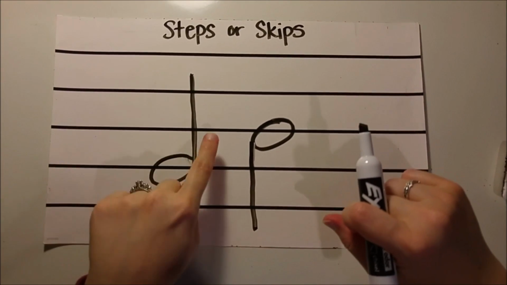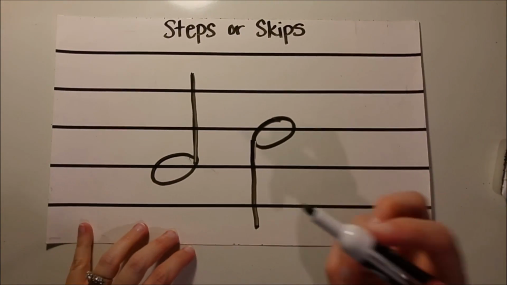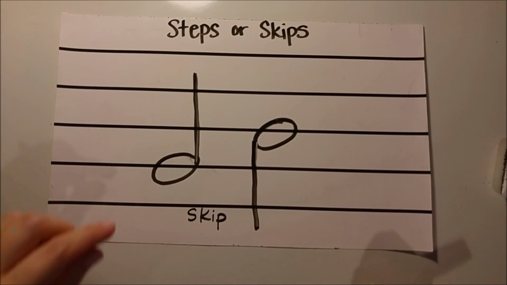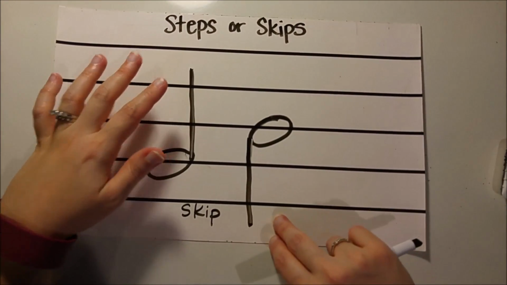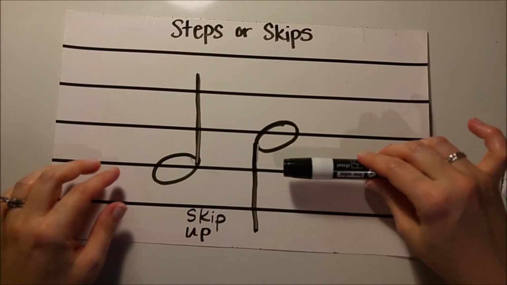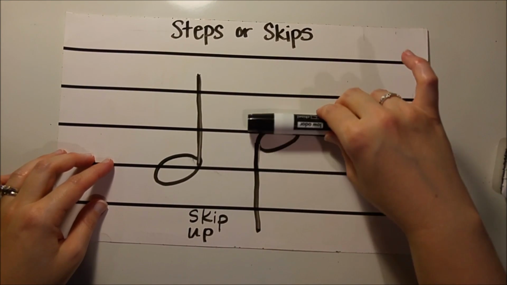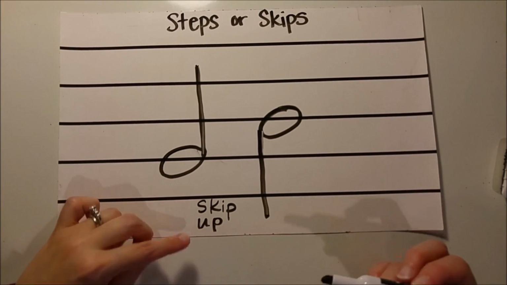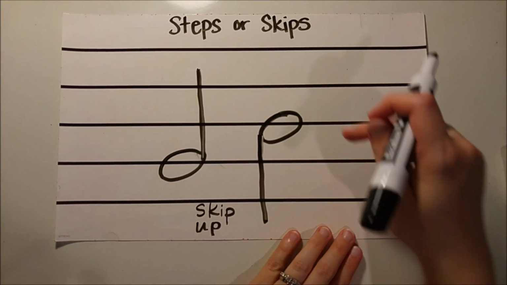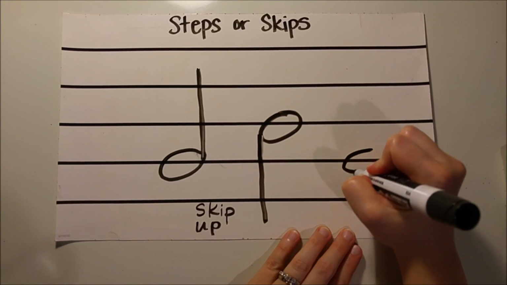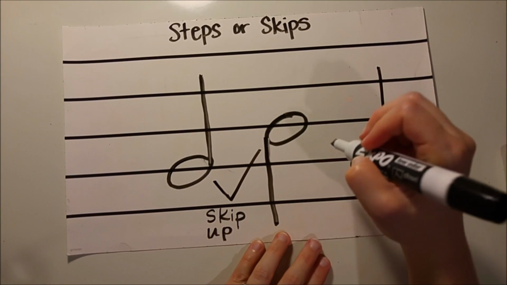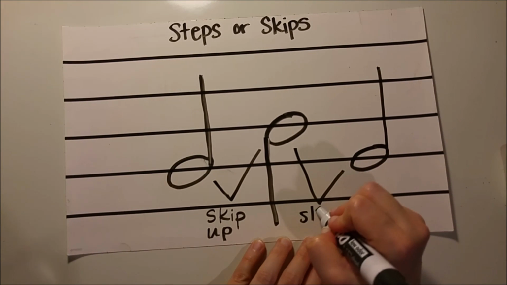We skipped over the space in the middle, so we call it a skip. And don't look at the stems, look at the note heads. It's a skip up because you went from this line to this line, right? Skip up. Okay, a skip down would be back down to where we came. So that's a skip up. That is a skip down.